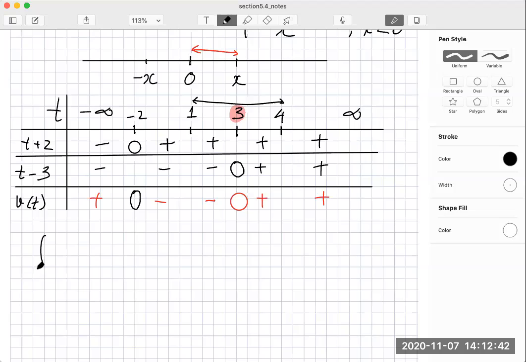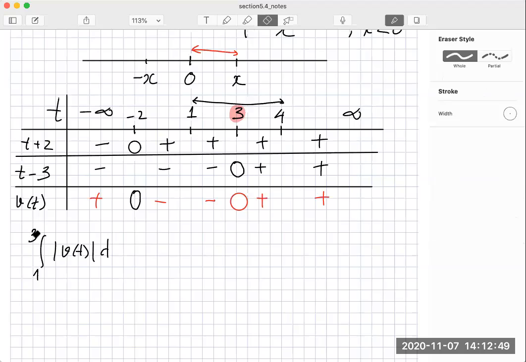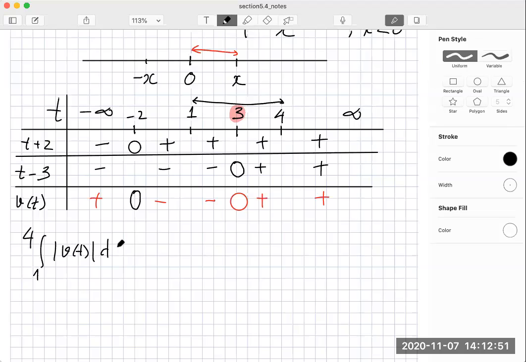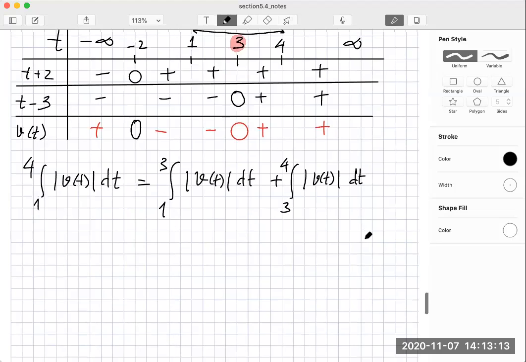So in order to compute the integral of the function v of t from 1 to 4, let us separate them into the sum of the integral from 1 to 3 of absolute value of v(t) dt and the integral from 3 to 4 of v(t) dt, okay?